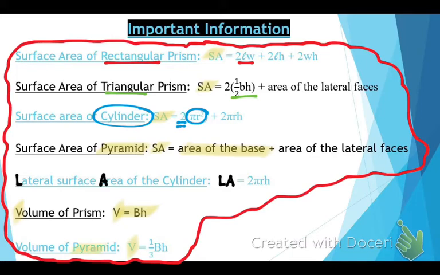And whenever you have a pyramid, it's V equals 1/3 times capital B times height. And we'll talk once again in just a little bit about why that is a capital B instead. Just remember, these are a matching section on your quiz Friday and your test next week on Wednesday. So you've got to have a way that you can match those up in order to know those formulas. Okay?